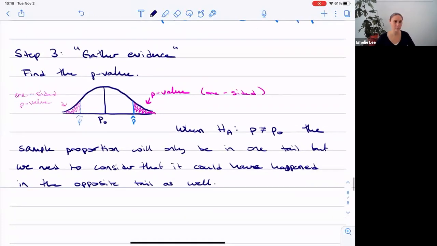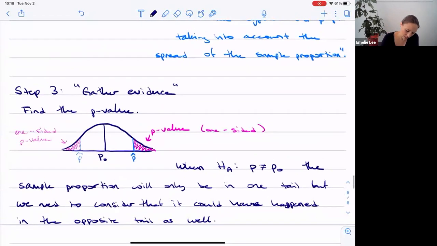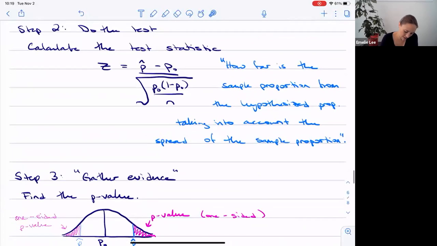Okay. And I'm totally running out of time, but let's see here. Step 3, step 4. So once I have a p-value, we know how to find a p-value if I have a z-score, right? And so how do I find this p-value?